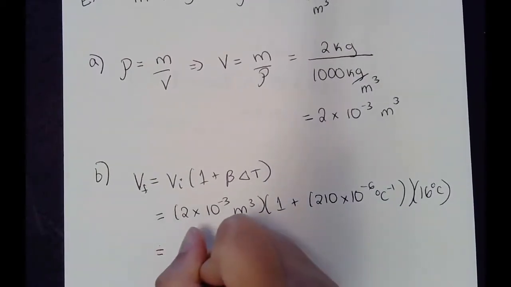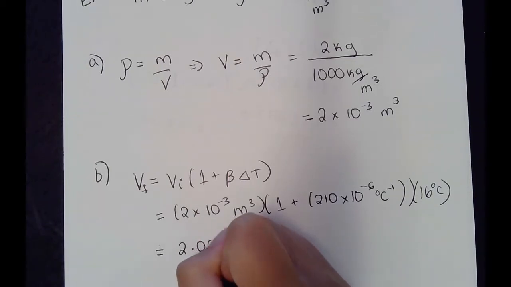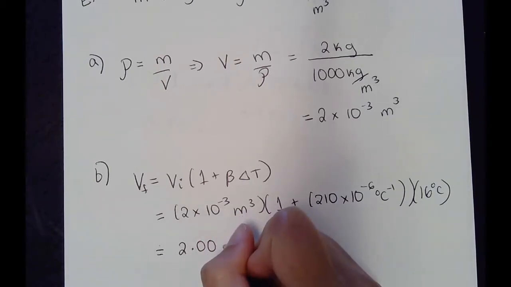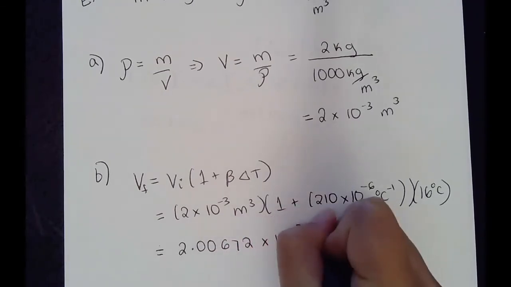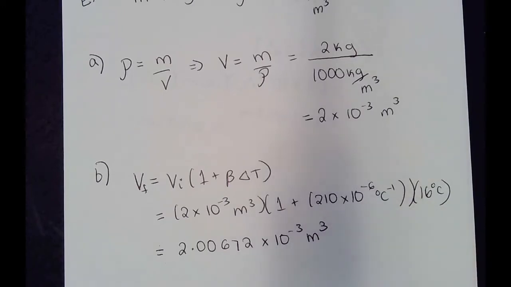Let's keep extra sig figs here since it will be a small change. It's a good idea to do that with all expansion problems. So 2.00672 times 10 to the negative 3 meters cubed.